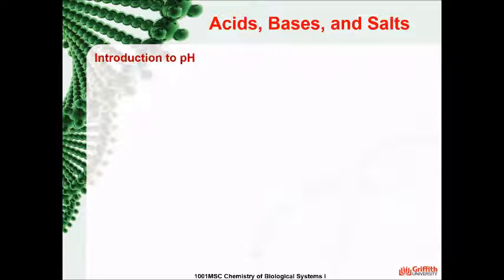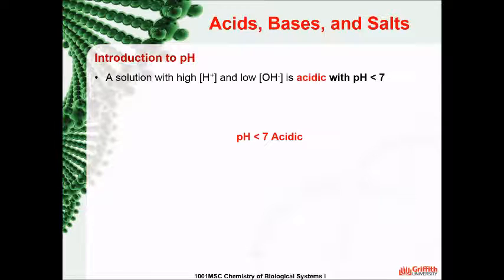The square brackets are used as an abbreviation to indicate the molar concentration of those ions. Because the concentrations of these ions are very small, we use the pH scale as a convenient measure to make numbers easier to work with. This pH scale is a logarithmic calculation of the concentrations of ions. A solution with a high concentration of protons and a low hydroxide concentration is acidic with a pH of less than 7.